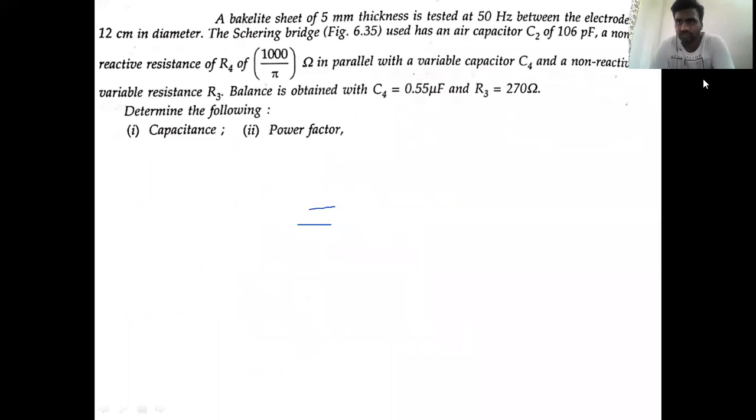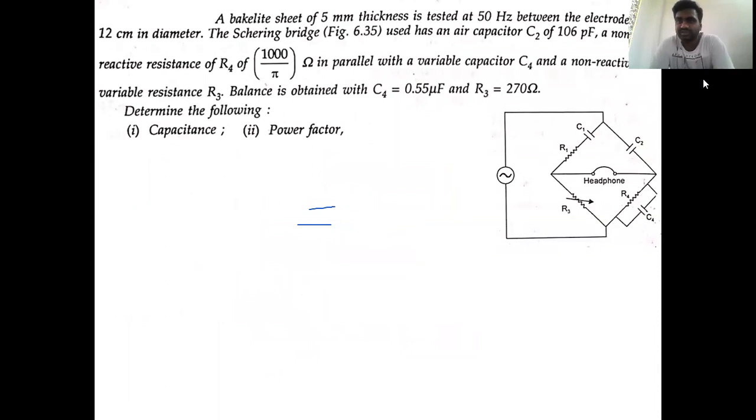So this is the next problem we got. A Bakelite sheet of 5 mm thickness is tested at a frequency of 50 hertz between electrodes of 12 centimeters diameter. The Schering bridge is used here.